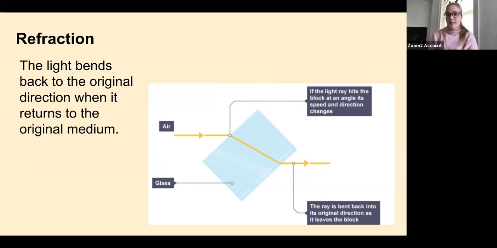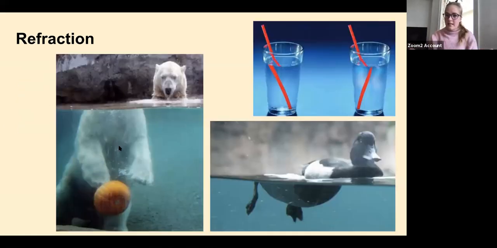So for example, if we were thinking back to the example of the car and the road, as the car travels along the road, it's going at one angle, then it slows down as it goes off the road, and then it speeds up again as it goes back on the road. So it changes direction when it crosses into the grass, but then it changes direction back as it crosses back onto the road.